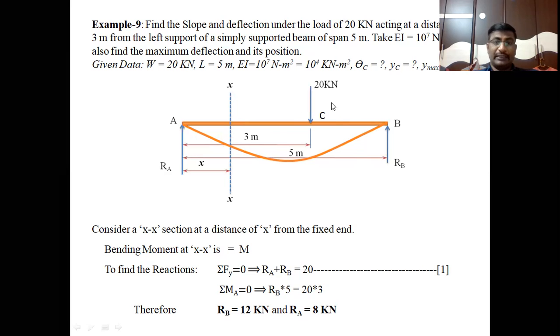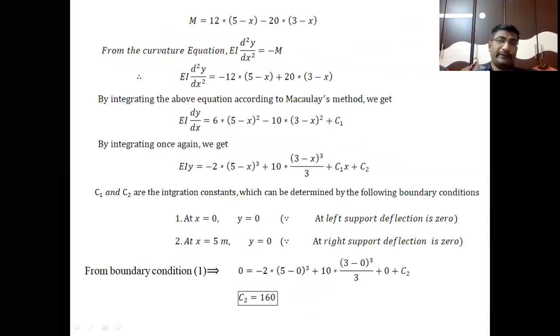Rb is there and 20 kilonewtons also. Rb is acting at a distance of 5 minus x. 20 is acting at a distance of 3 meters, this is the x, therefore the distance between the force and the section is 3 minus x. Clear, students?